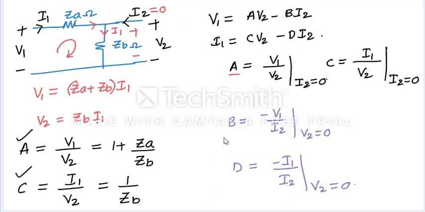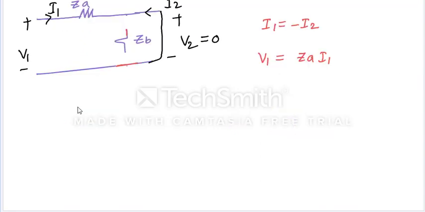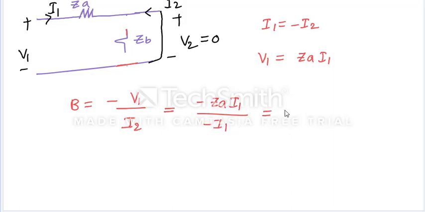Now B is equal to minus V1 by I2, which is minus ZA I1 by I2, and I2 is equal to minus I1 only. So B is ZA.